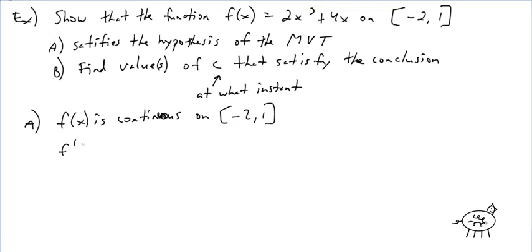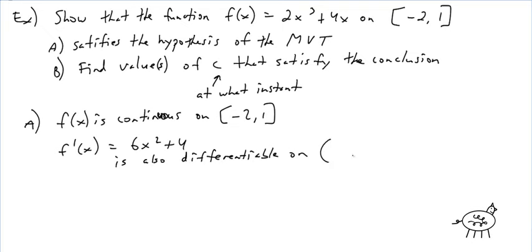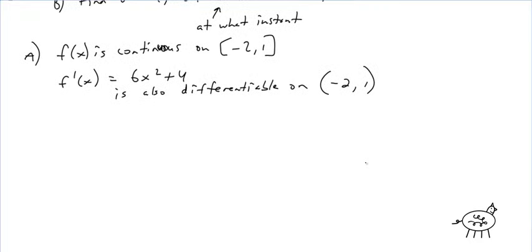And you're also going to say f prime of x, which is equal to 6x squared plus 4, is also differentiable on the open interval (-2, 1). Right? Because there's no issues at all. I don't have to worry about any kind of cusp or vertical tangent or anything. We're good to go.